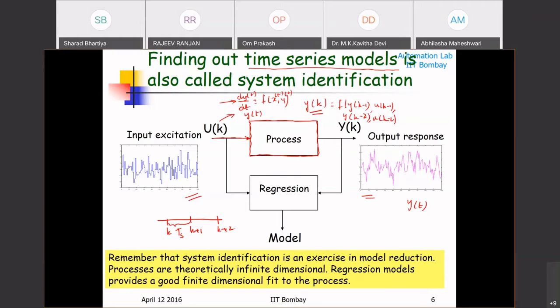So system identification is essentially using regression, where using u and y, you obtain a model, and the model will be of the type I have just written on the top. It's just like when you did regression, you looked at different types of models, and the same thing is true. What I'm going to talk about after a few slides are these different options of models that we have, and why there are so many different types.